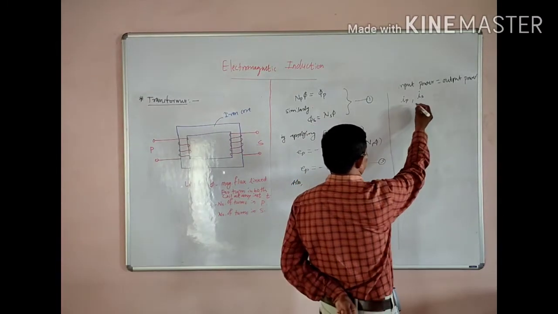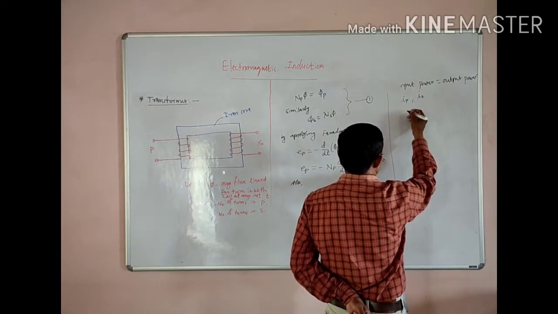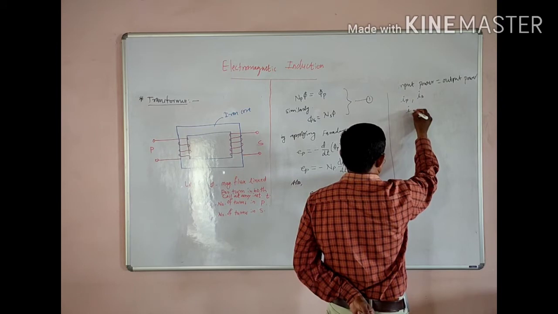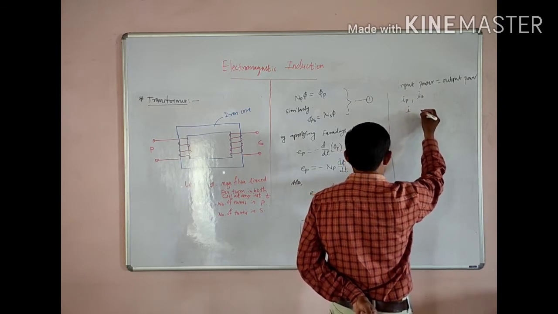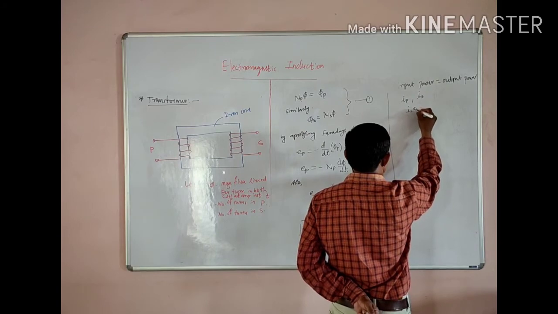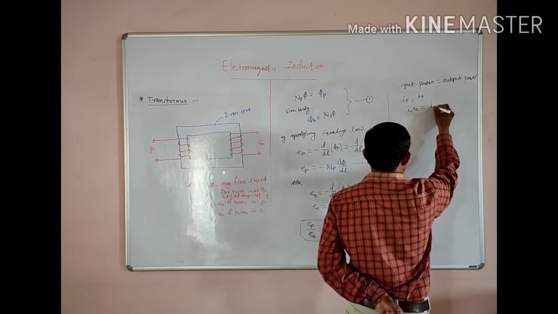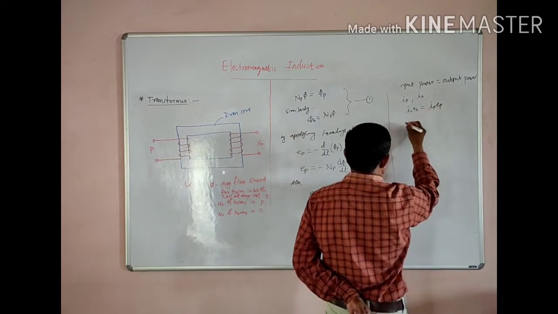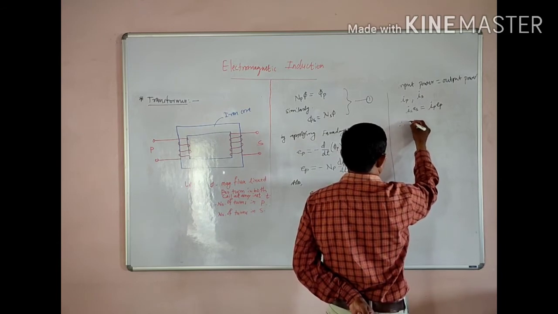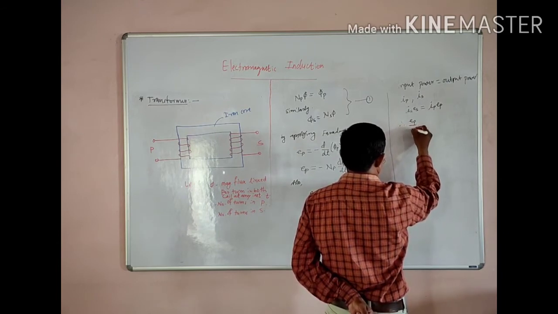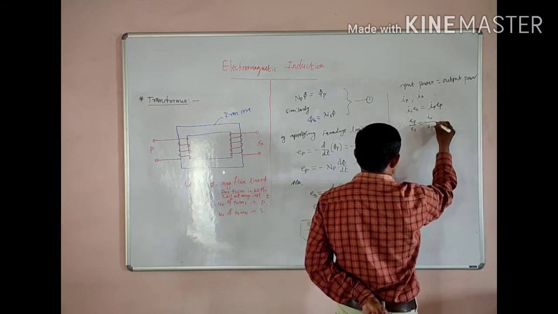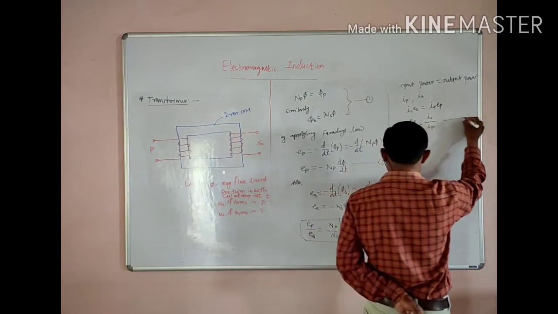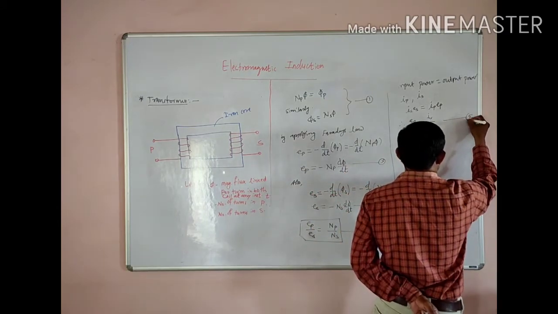Then input power is equal to output power: Is Es is equal to Ip Ep. From this we can say that Ep upon Es is equal to Is upon Ip. Suppose this is equation fifth.